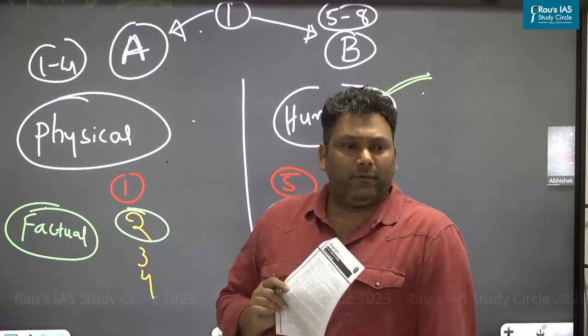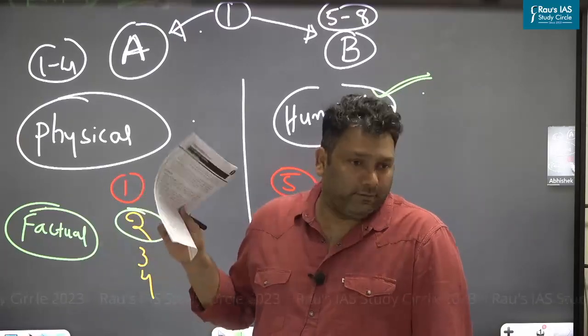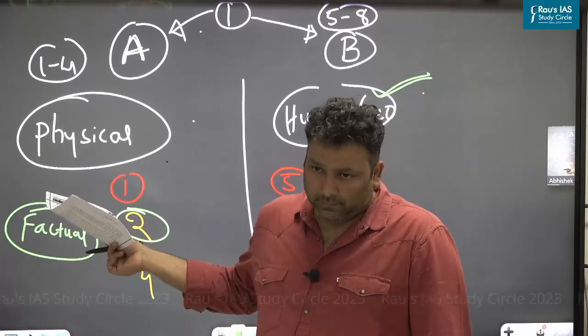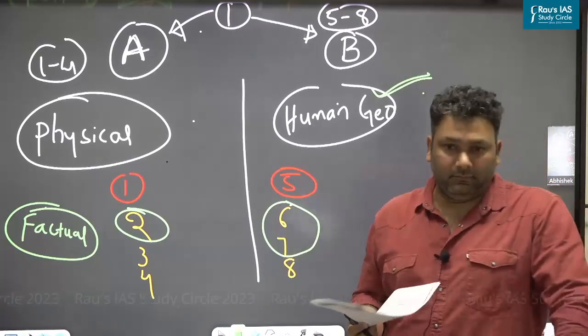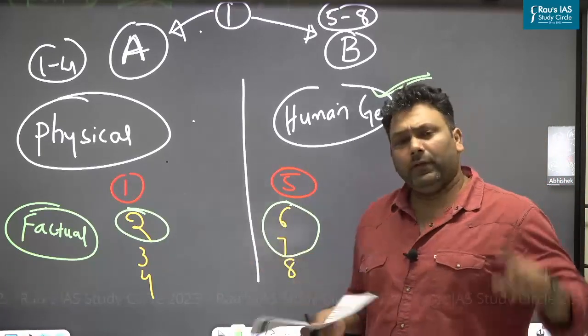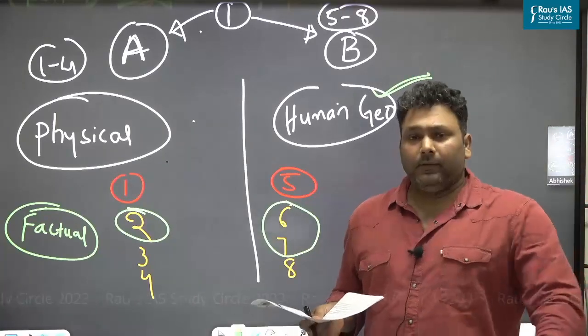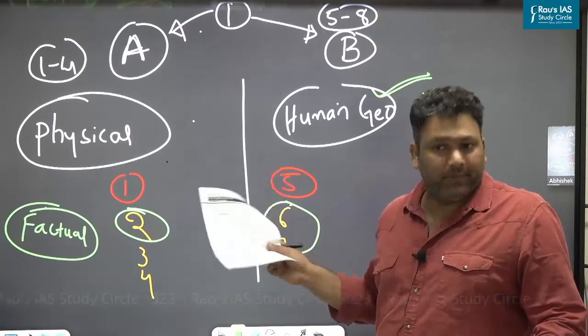When they teach geography optional, they start with this. And by the time they finish physical geography, the time will be over because they are spending a lot of time here. And they generally tend to neglect human geography. And physical geography, they also must have done here and there in GS also. So that's why the people have a tendency to attempt more questions from physical geography.